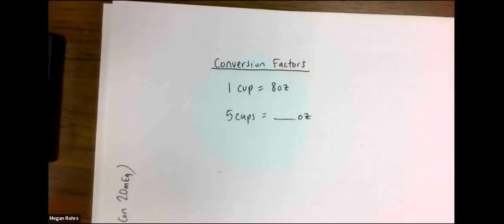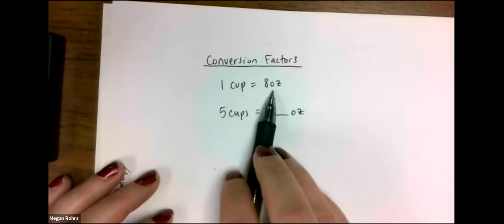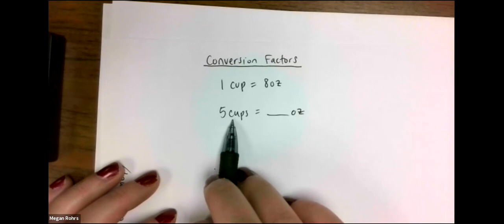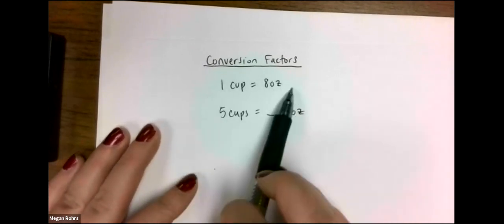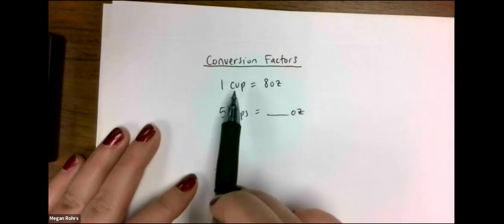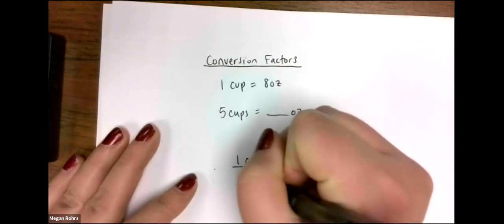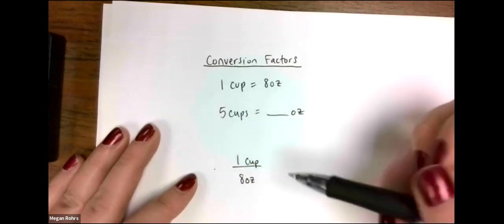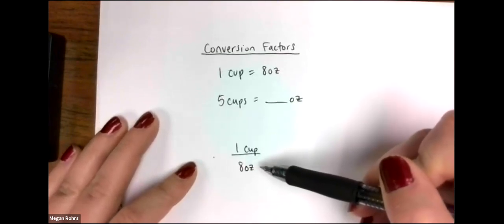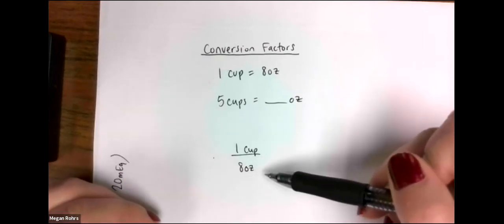So let's go back to this problem I have here. If we know that 1 cup is 8 ounces, we're trying to solve for how many ounces are in 5 cups. So these conversion factors, it's really kind of cool. You can decide to write them as a fraction. So for example, 1 cup over 8 ounces. Now, if we were to take 1 cup and divide that by 8 ounces, our answer would just be 1 because they are equal to each other.